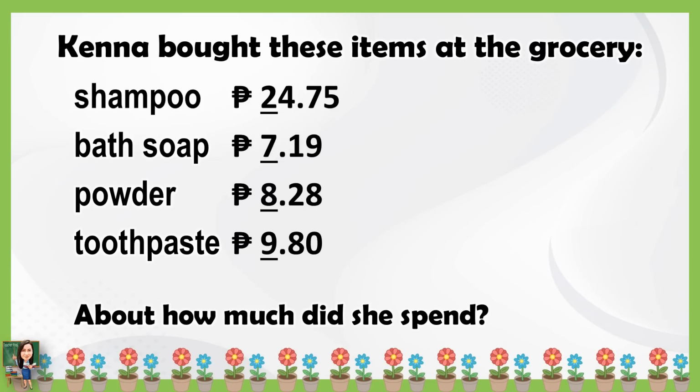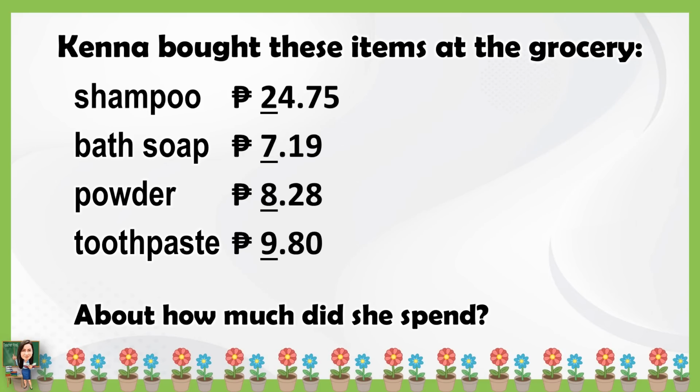In this problem, we will estimate the sum by rounding the amount to the highest peso value. The price of the shampoo is 24 pesos and 75 centavos. The digit in the rounding place is 2. The digit to the right of the rounding place is 4. 4 is less than 5, so we don't need to change the rounding place.